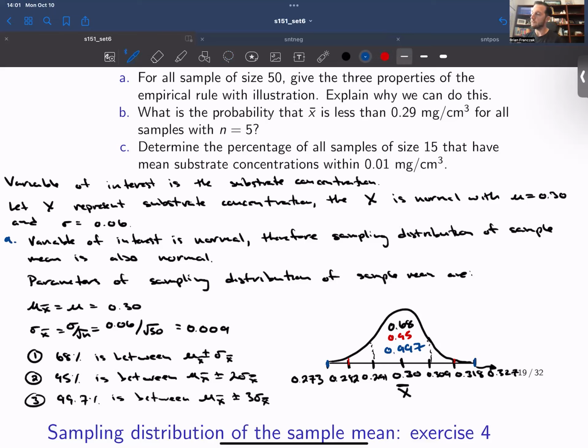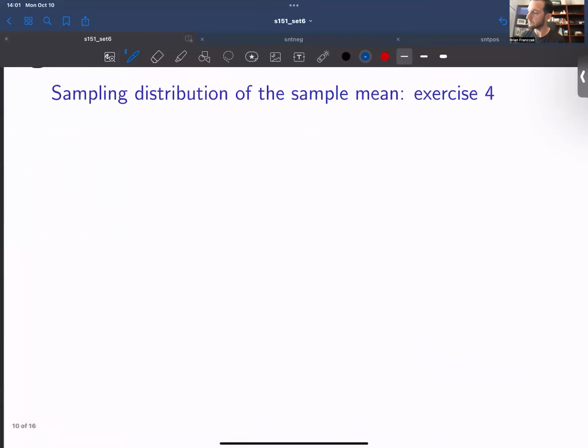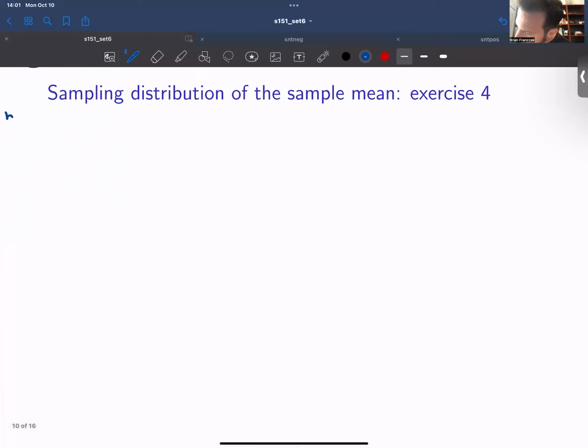So part B, for example, what is the probability that X bar is less than 0.29 milligrams per centimeter cubed for all samples with n equals 5? All right, so here, first off, what are we looking for? Well, if we sketch a normal curve again, and then these values here are going to be the X bar values.